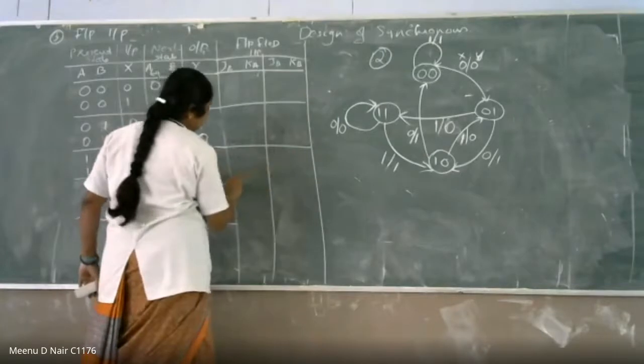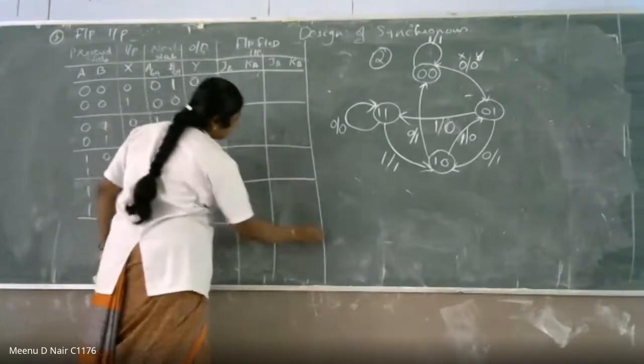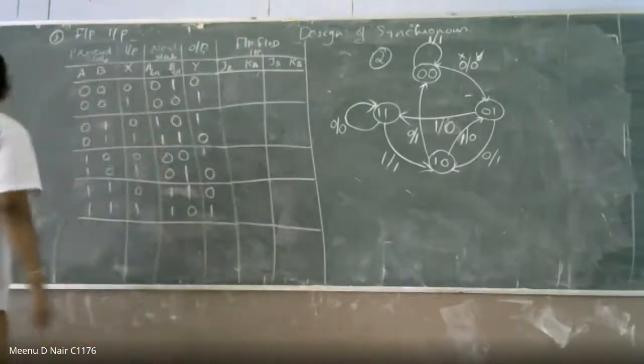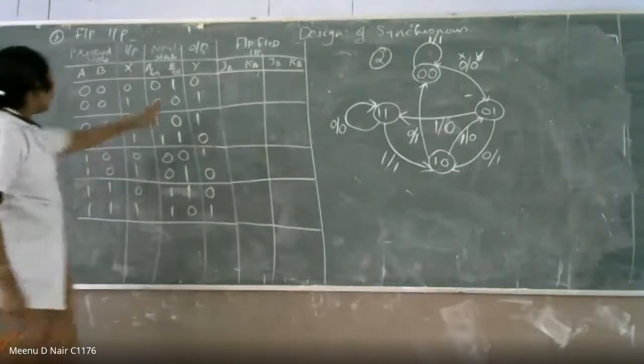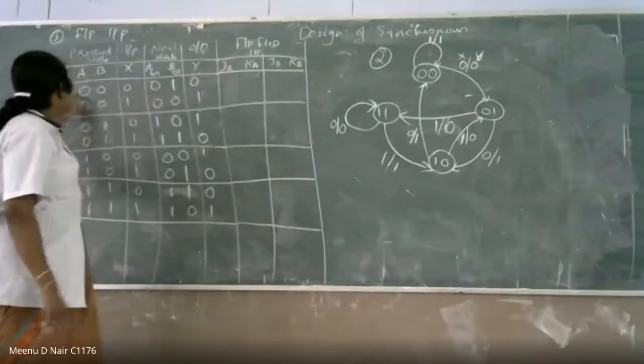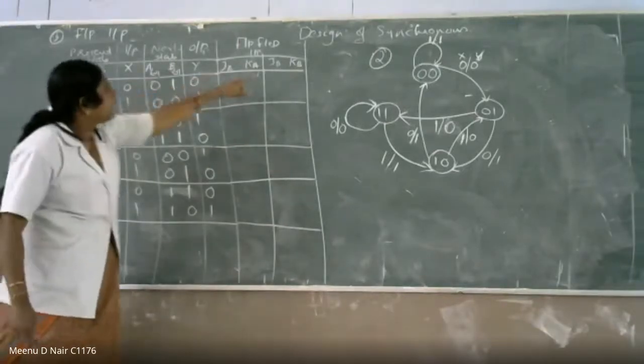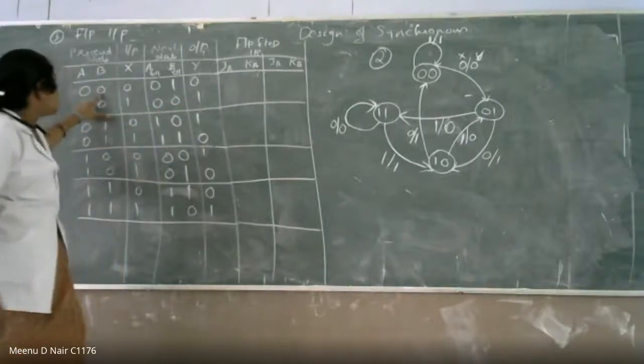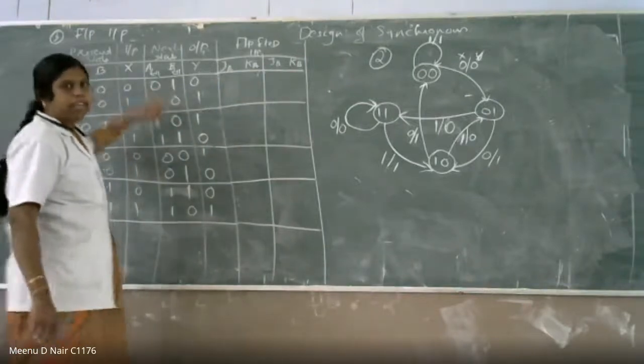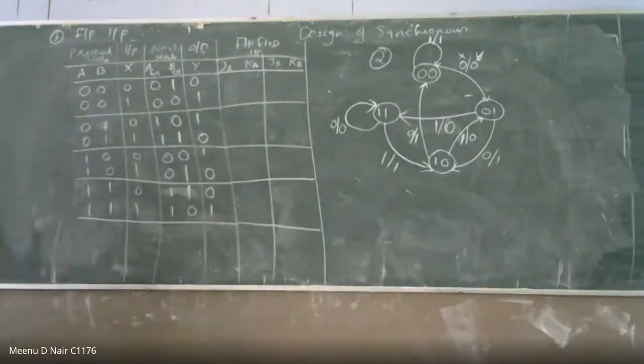For JA, KA, you have to check what is A and what is A at T plus 1. And for JB, KB, you have to check what is B and what is B at T plus 1. I think you know all those things.